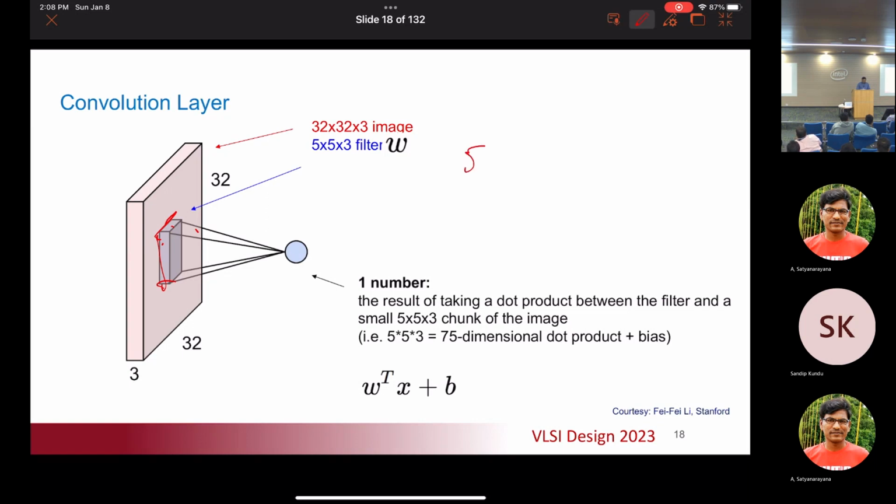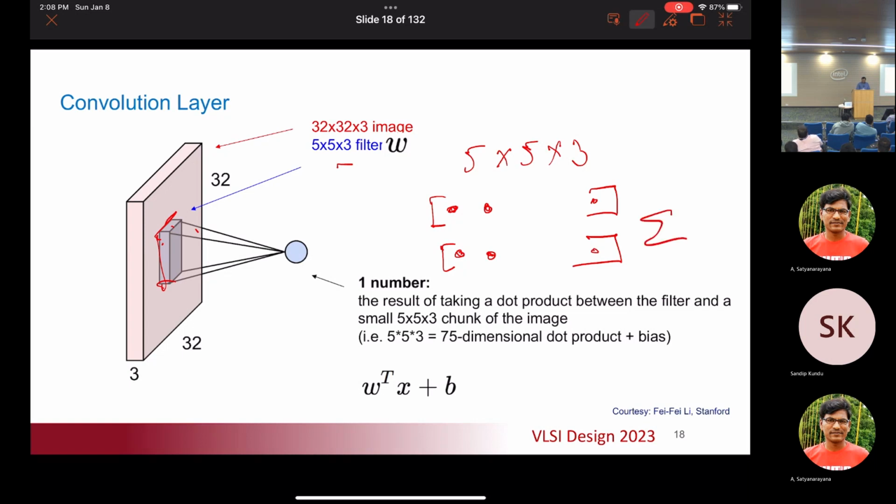So I have 5 in width, 5 in height, and 3 in depth. If I serialize that as a vector, the vector has a dimension of 75. So I get 75 numbers here, and my filter has the same size, which is 75. Then I take this element in the image with that element in the filter, this element in the image with that element in the filter, multiply them all together, and add them up.